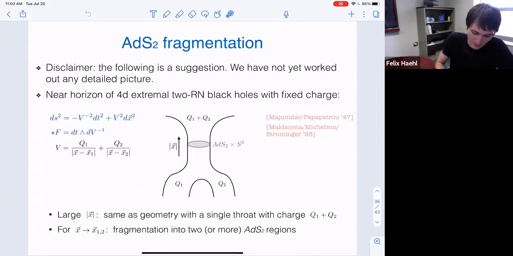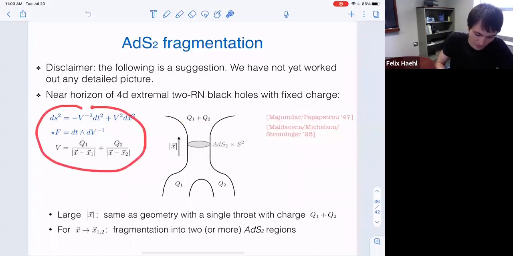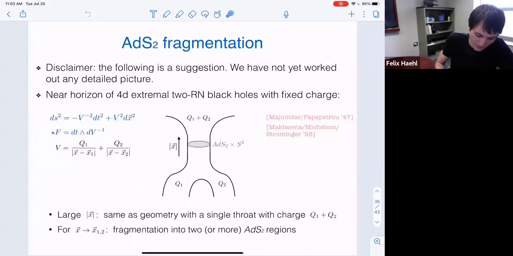So I wrote an explicit solution here, which from far away, so for large x, looks like a solution with charge Q1 plus Q2.